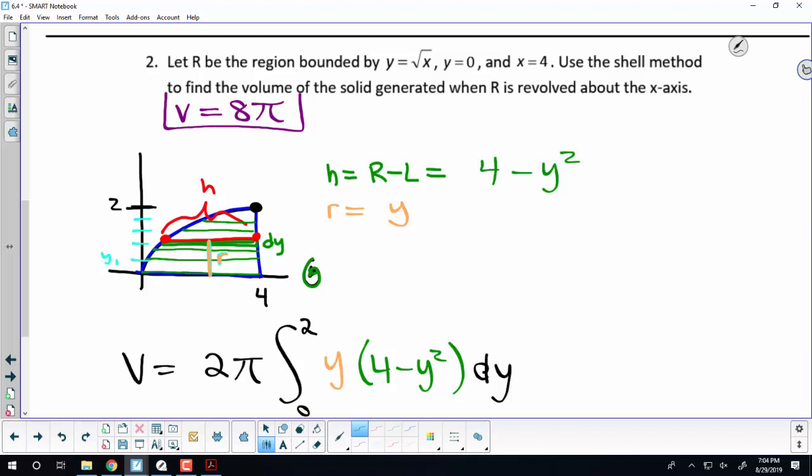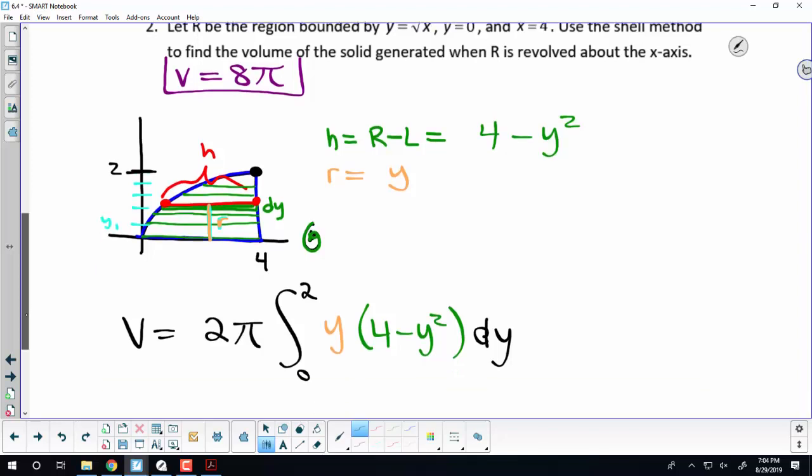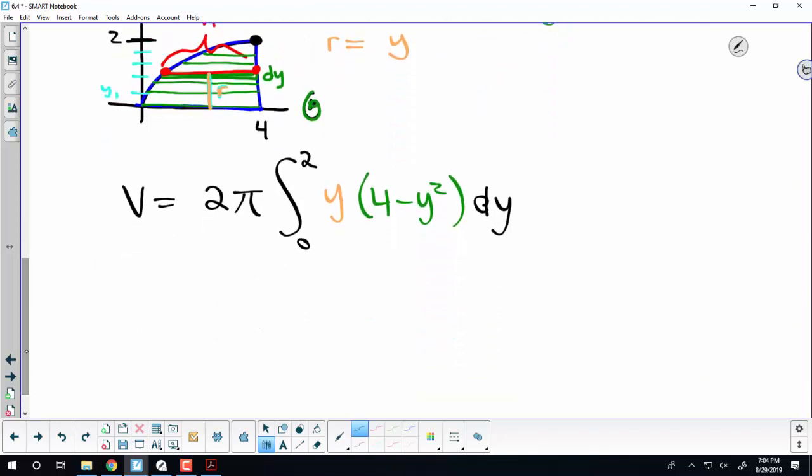Now, it's important to realize that you cannot integrate across a product like this. Whenever you see a product, until we get to chapter 8, which is the next unit we look at, you won't be able to integrate products unless it's a simple u substitution.